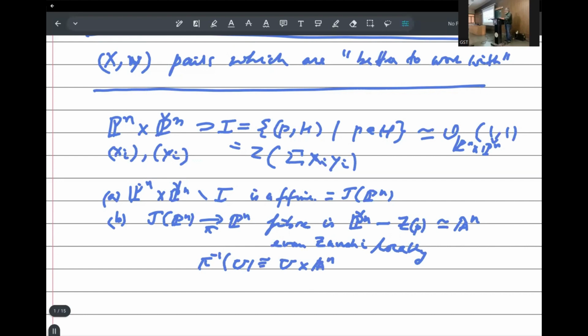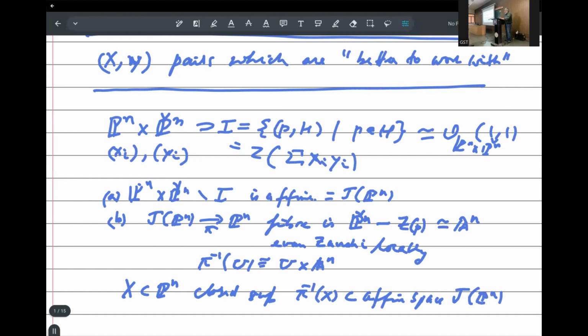So now what are we going to do? We are going to take any x. Suppose x is a closed subvariety of Pn. Then what can you say about the inverse image? It is a closed subvariety of an affine space, J of Pn, and therefore it is affine.